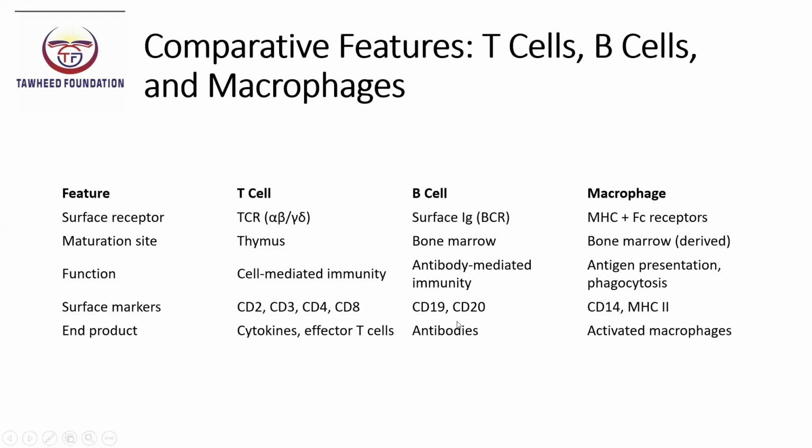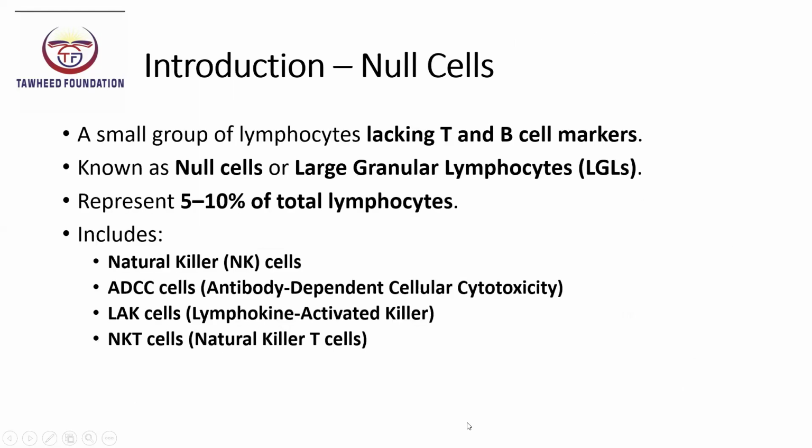B cells express surface IgG, mature in bone marrow, mediate antibody-mediated immunity, and have CD19, CD20 markers. Macrophages express MHC and Fc receptors, mature from monocytes in bone marrow, perform antigen presentation and phagocytosis, and are activated to destroy pathogens. This comparison highlights the complementary roles of immune cells in innate and adaptive immunity.